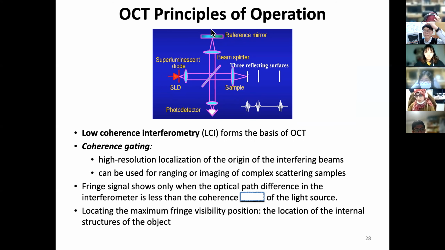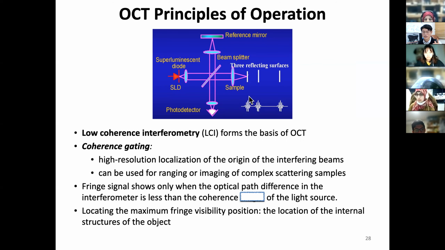By moving the reference mirror up and down, when you reach the same optical path, you get the signal. So another term for OCT is low coherence interferometry. This is the basis, and we are using coherence scaling.